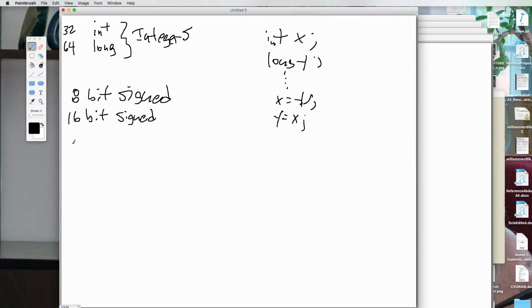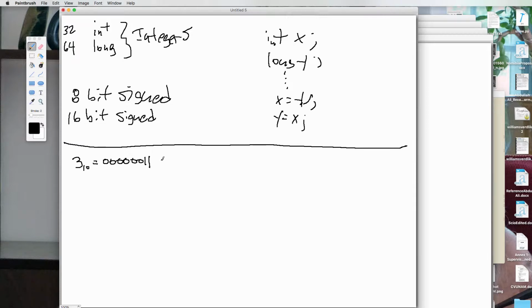Okay, well, let's consider the following number. Suppose I were to just look at this number right over here, considered as an 8-bit signed number. We can see that the leading bit is a 0, so we know that this is a positive number. And in fact, this is just the number 3 in base 10. It's a 1 plus a 2.